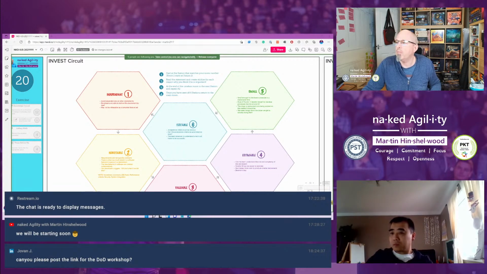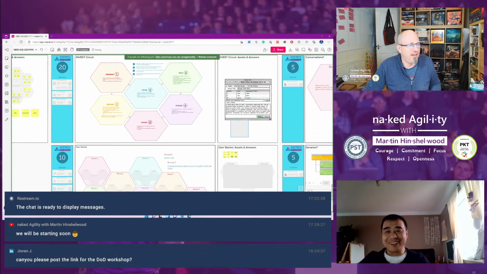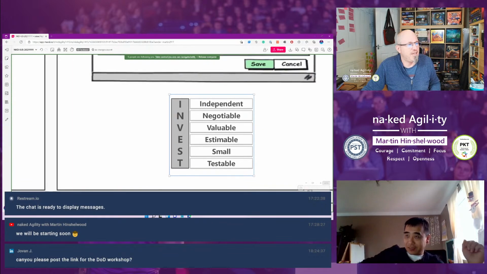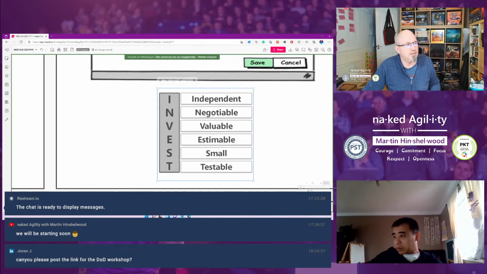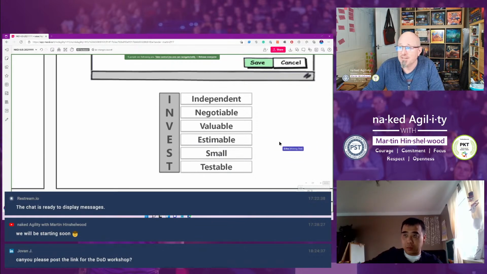I had it all set up to do a little workshop if we had lots of people turn up, but sometimes nobody loves my workshops. Okay, so this is the way you would look at it: independent, negotiable, valuable, estimatable, small, and testable. The idea is it's simple to understand.